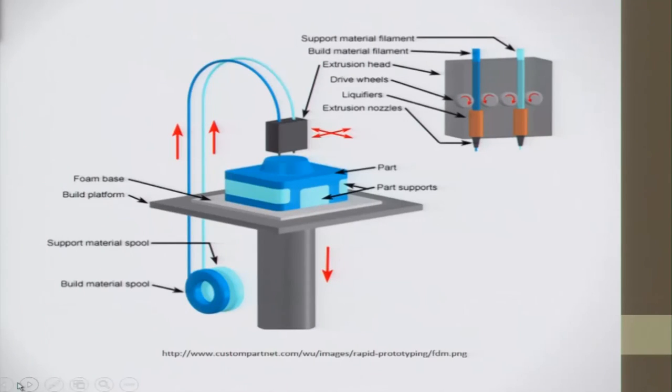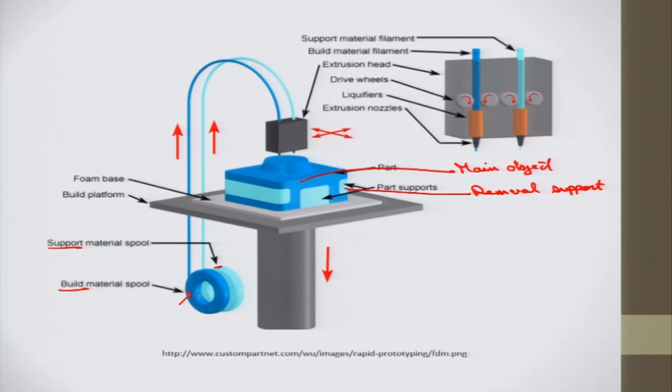In this case, we have this spool of the build material and this support material. This is support and build material. Build material is my main object, and this light blue color is removable support.